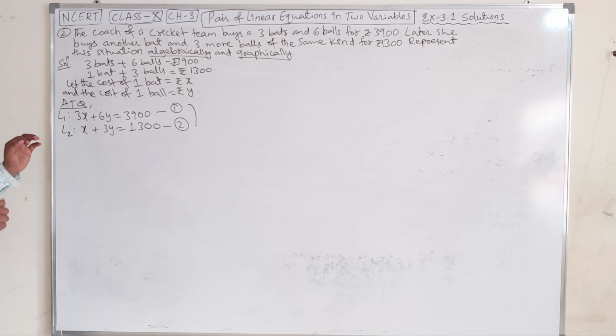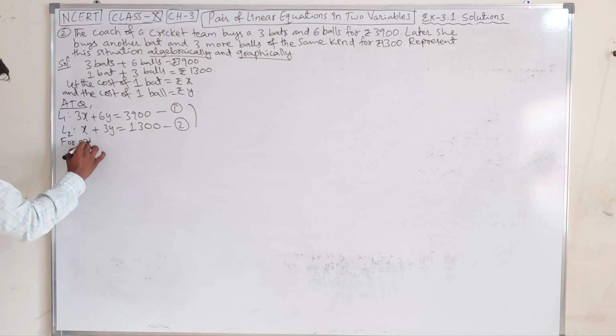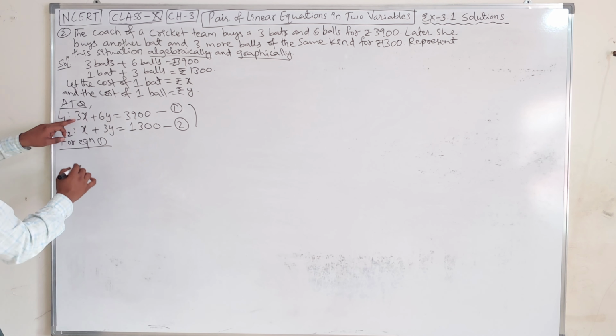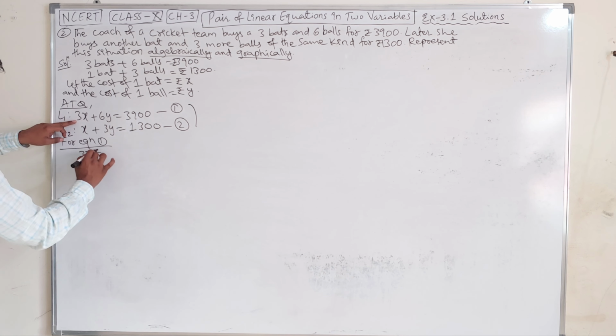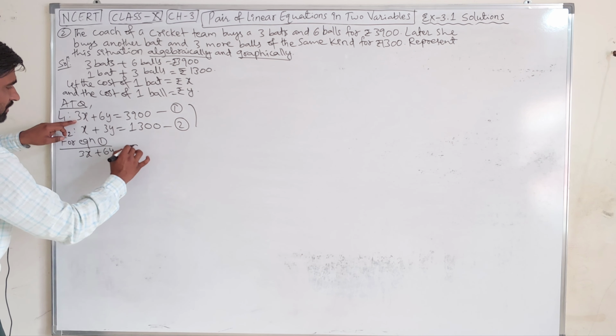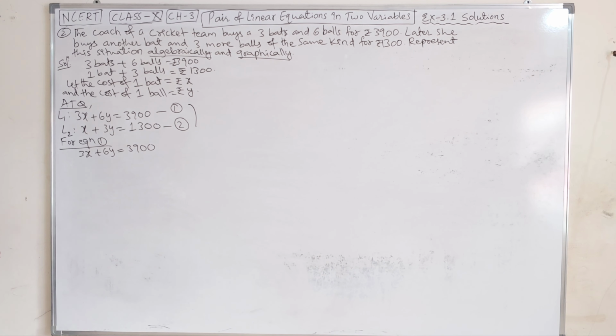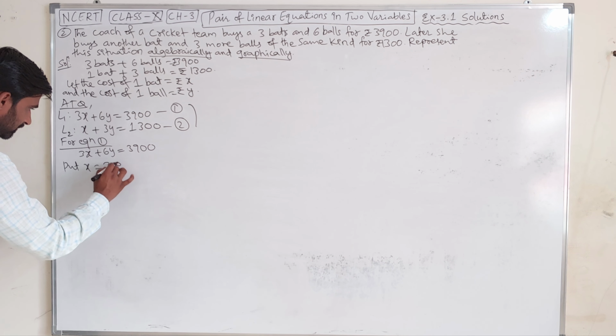Graphically. Graphically means for each equation we need at least two solutions. So we will find for equation 1. This equation we can write as 3x plus 6y equal to 3900. Put x equal to 300.